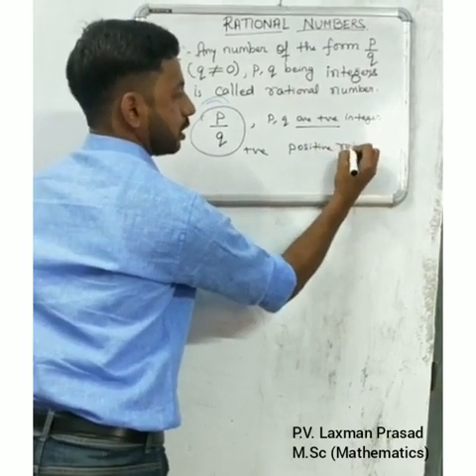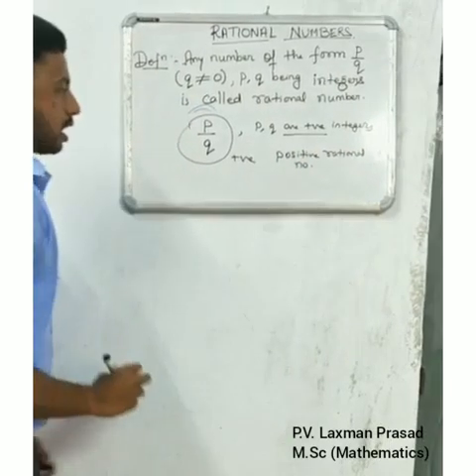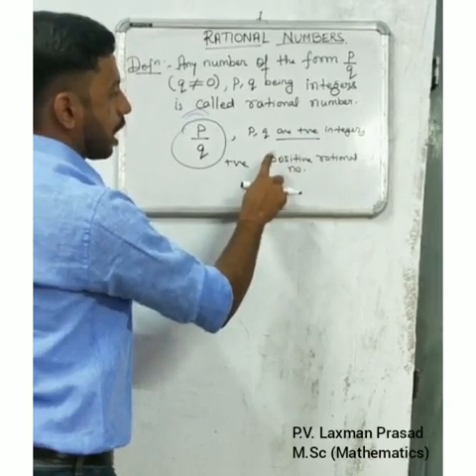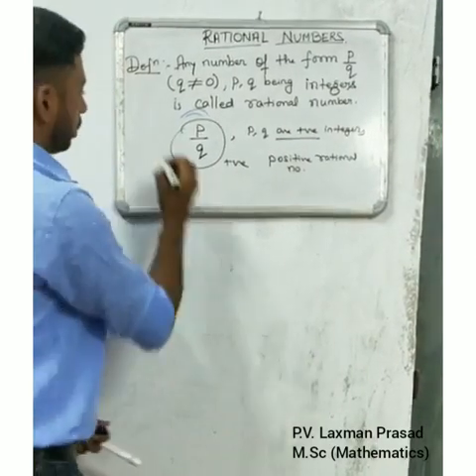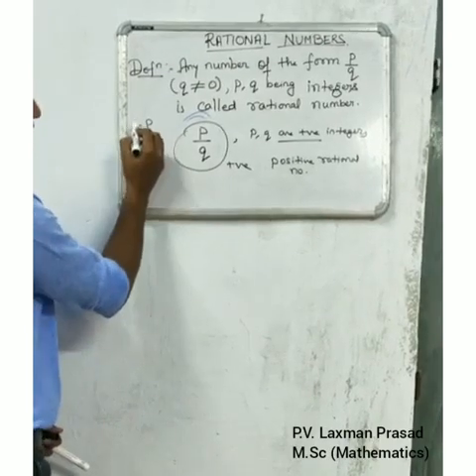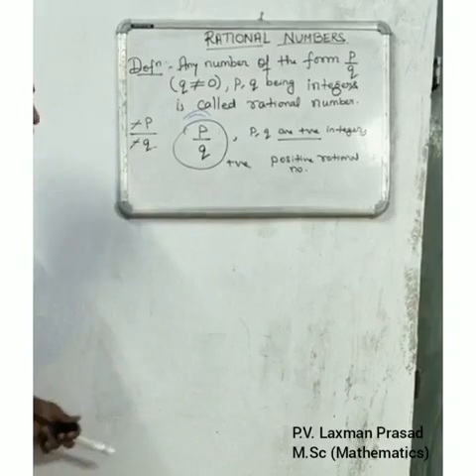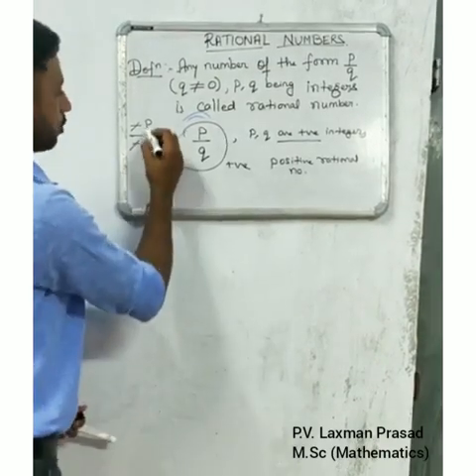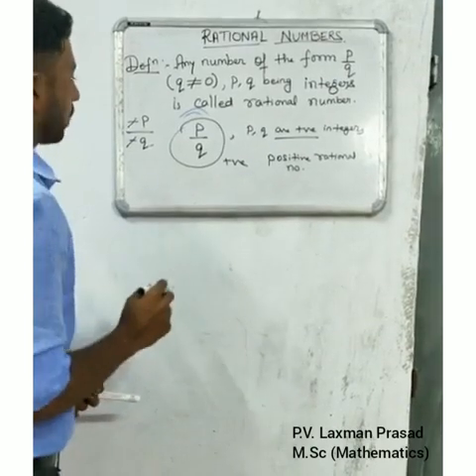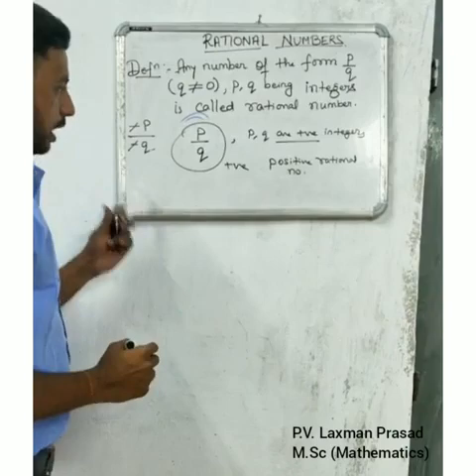If both p and q are negative, like minus p and minus q, then both the negative signs will cancel out, and we will still say that p by q is a positive rational number in spite of p and q being negatives.